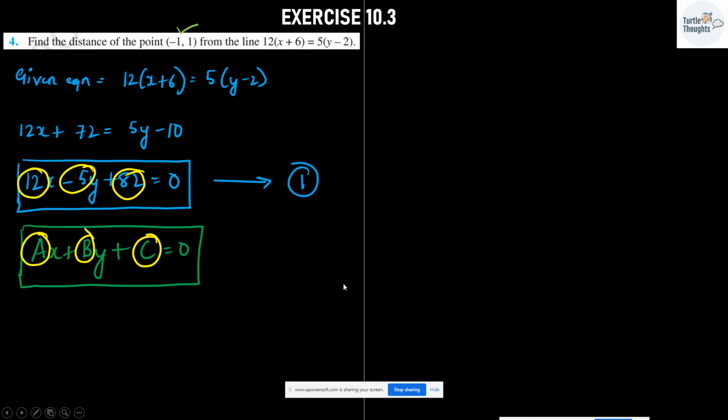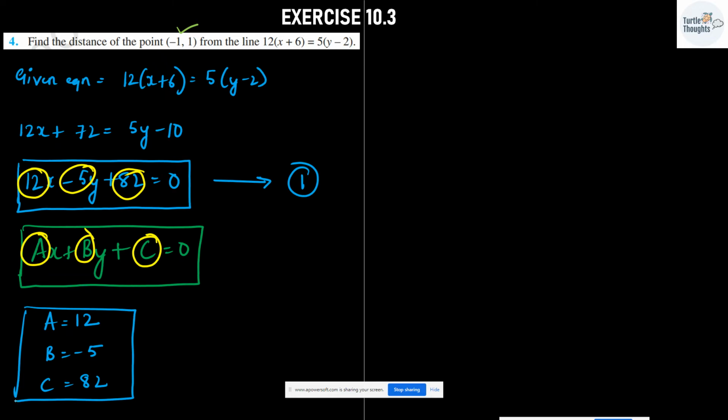We were here. So I will be writing down the values of a, b and c here. a will be equal to 12, b will be equal to minus 5, c is going to be 82. I have got the values of a, b and c.